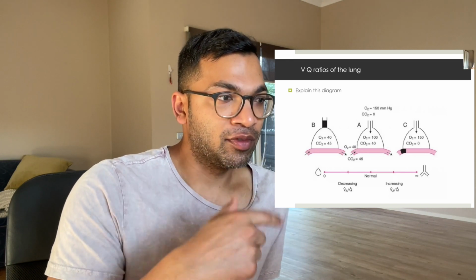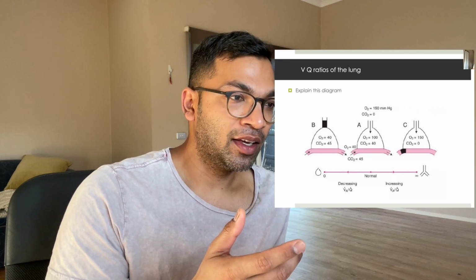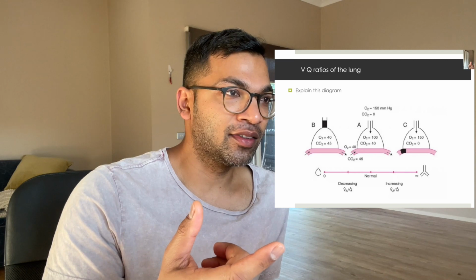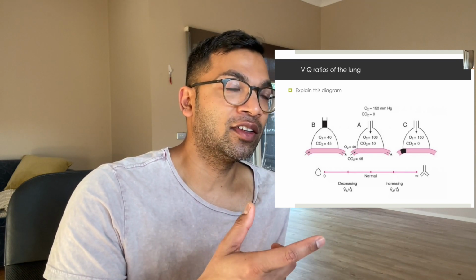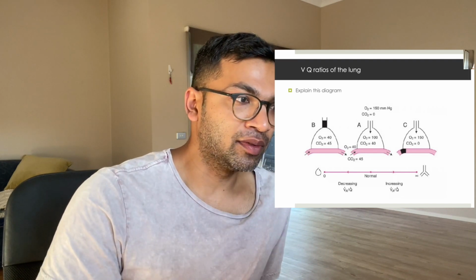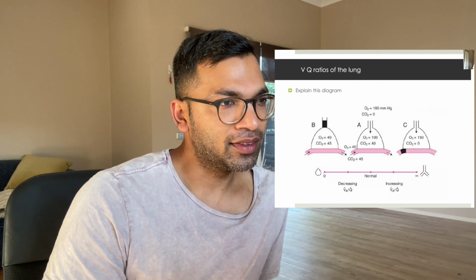The fact that the lung has multiple areas of VQ matching means that while this doesn't contribute to hypoxemia, it does represent the inherent physiology of the lung being suboptimal and having many different VQ ratios. I think that's how I talk about it.